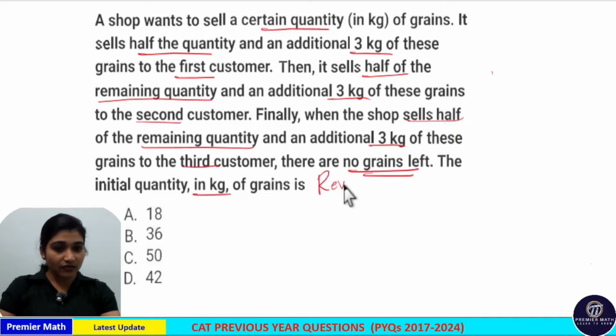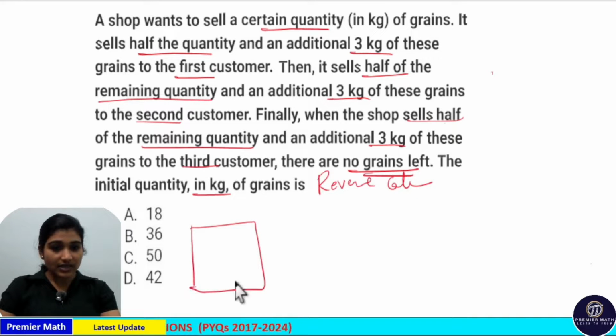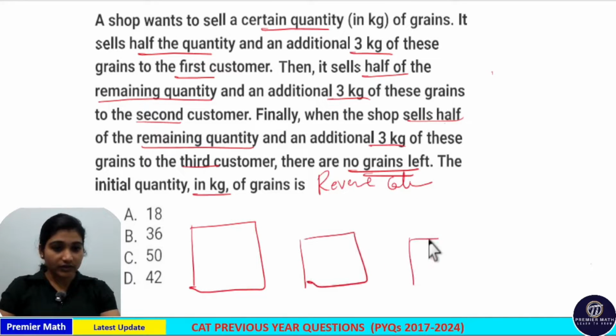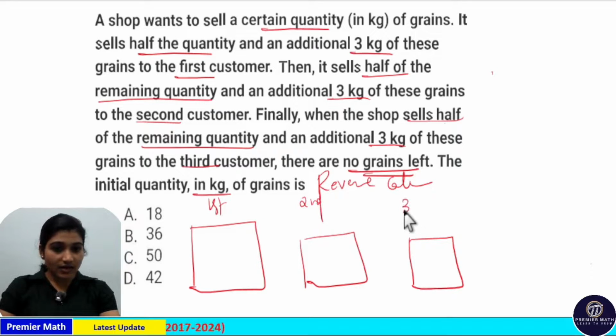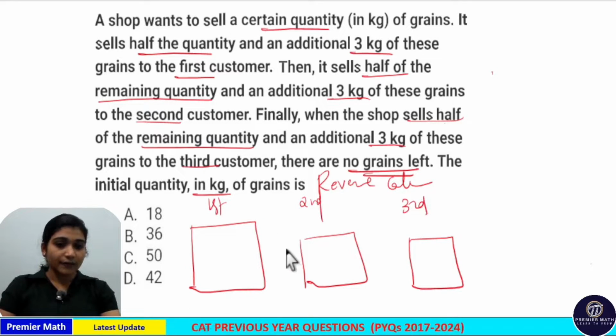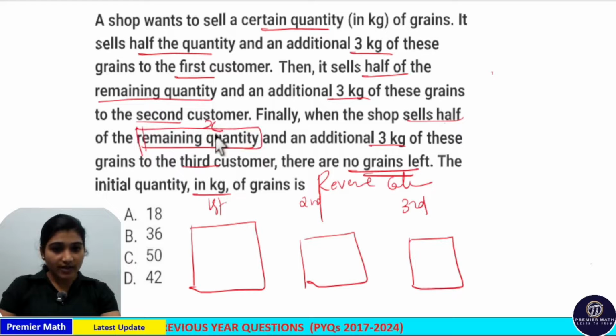Here this is a reverse calculation. So represent these 3 transactions with 3 boxes: the first transaction, the second transaction and the third transaction. When the shop sells half the remaining quantity, take the last remaining quantity as x kilograms.